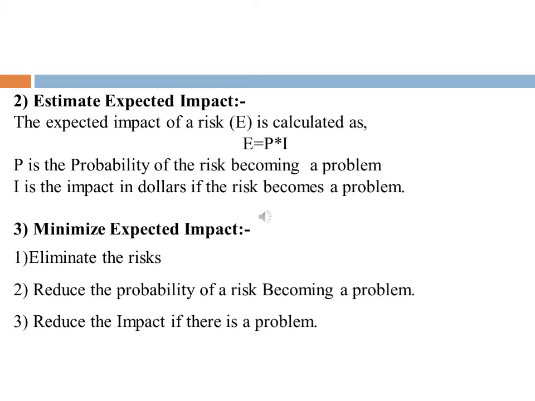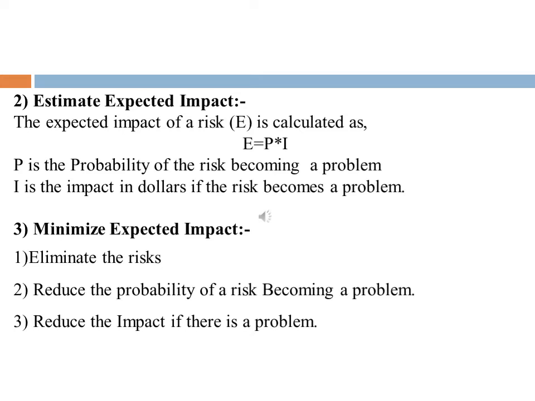The product of these two numbers is the expected impact of the risk. The expected impact of a risk, E, is calculated as E equals P times I. Here P is the probability of the risk becoming a problem, and I is the impact in dollars if the risk becomes a problem.